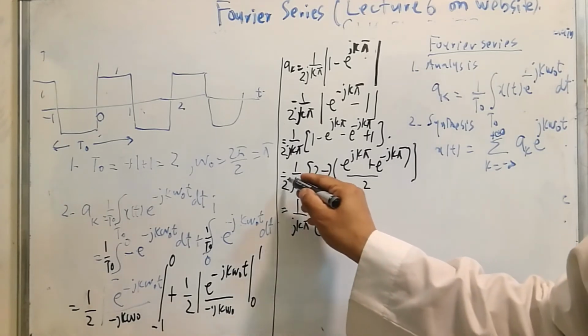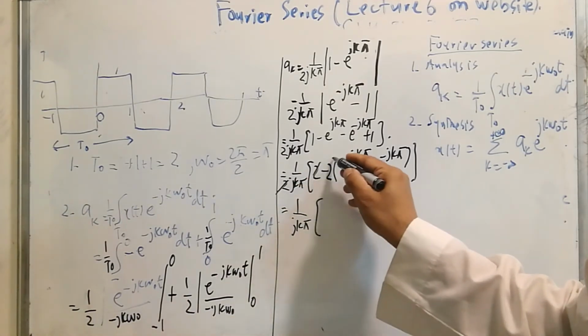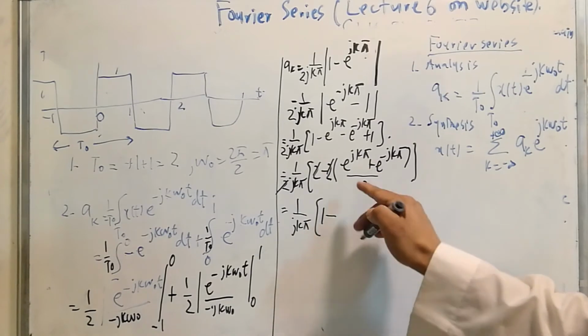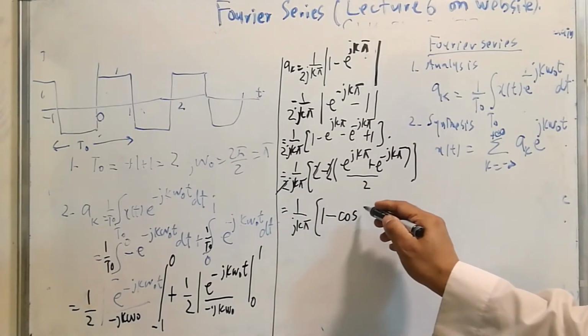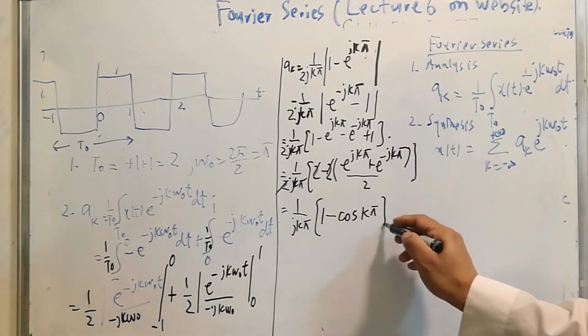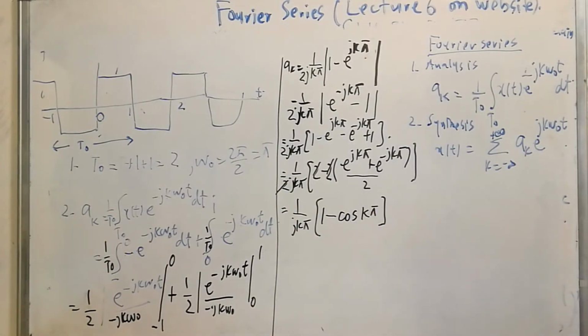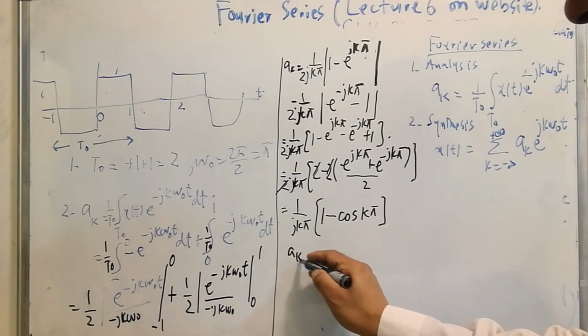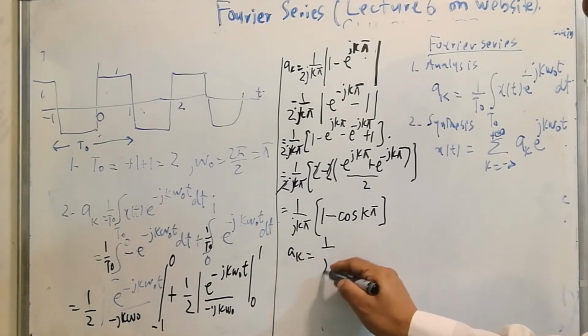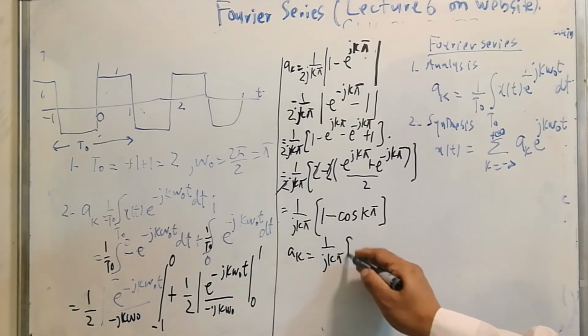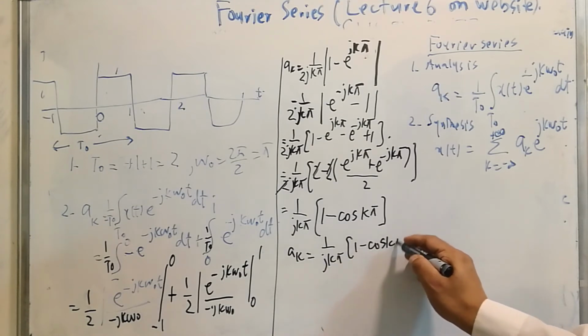So this 2 will get cancelled, and then inside it will be cosine k pi. So this is my ak. So this is ak equal to 1 over j k pi times 1 minus cosine k pi.